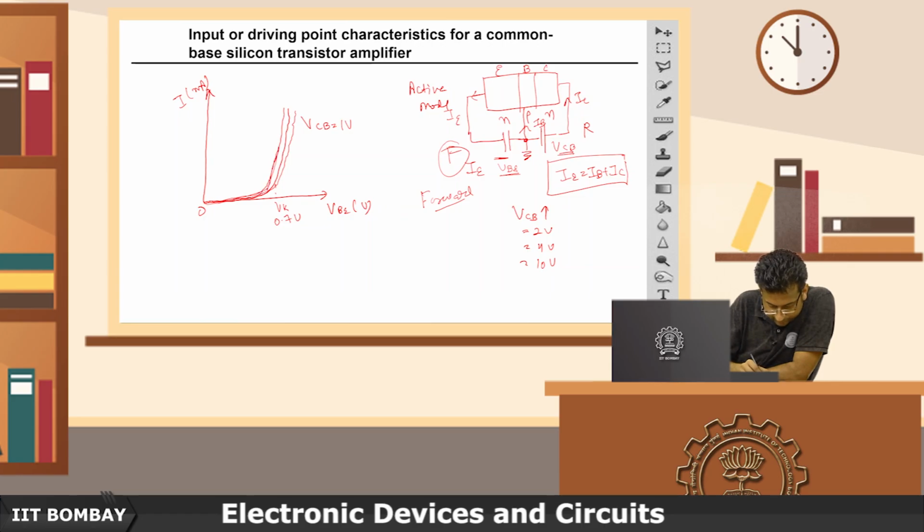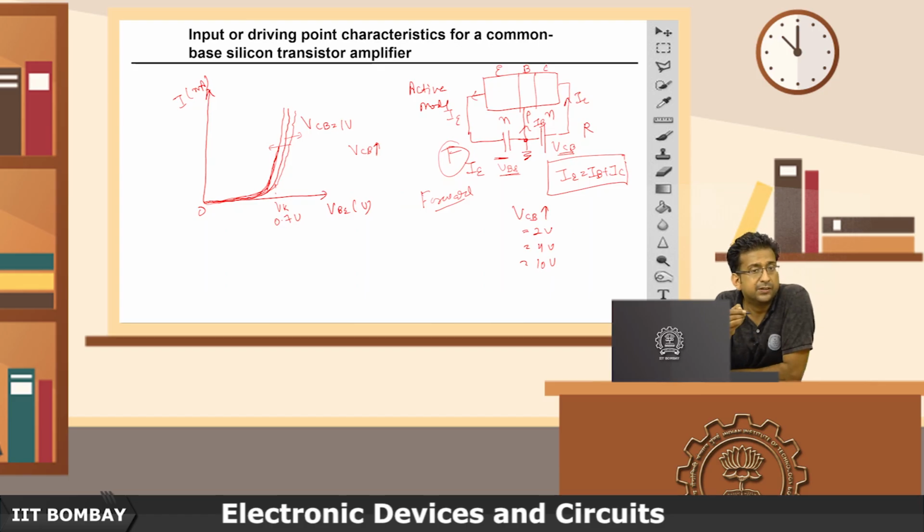Either this way or this way. That's the question. If VCB is increasing, the answer is that the curve will shift this way. This shift is very slight, I have magnified it a bit just to show it, but it will be a very small one, shifting in this direction.